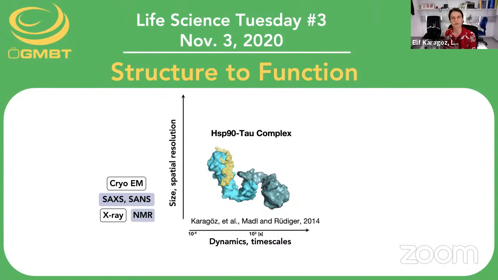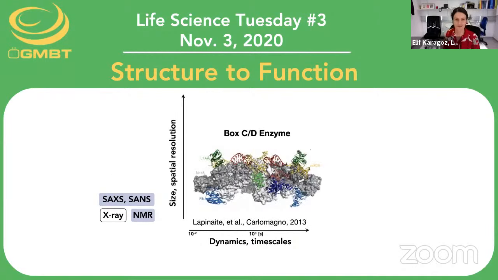HSP90 forms very dynamic complexes with its clients, and we used state-of-the-art NMR approaches with small angle X-ray scattering to figure out how this protein recognizes its substrate molecules, especially this unusual client tau. And basically our work together revealed the substrate recognition principle of this highly conserved chaperone that remained elusive for decades. And with that, we would like to continue.